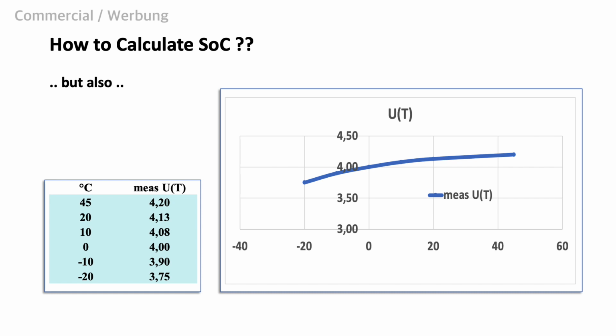What if I want to use my battery outdoors at a temperature range between 40 degrees plus and minus 20 degrees? We also find some data about the temperature dependency, and we can see that there is a significant difference between the extremes. How can we tackle this?